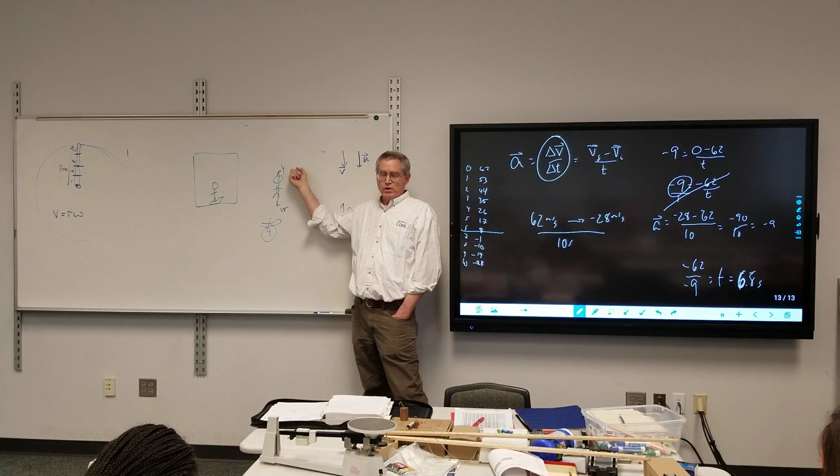When he's going down and slowing down, acceleration is up, which means that the upward force has to be bigger than the downward force. The net force is in the direction of acceleration. So in this particular case, when he's going down and stopping at the first floor, since acceleration is up, the normal force is bigger than the weight. The scale is going to read more than his weight.